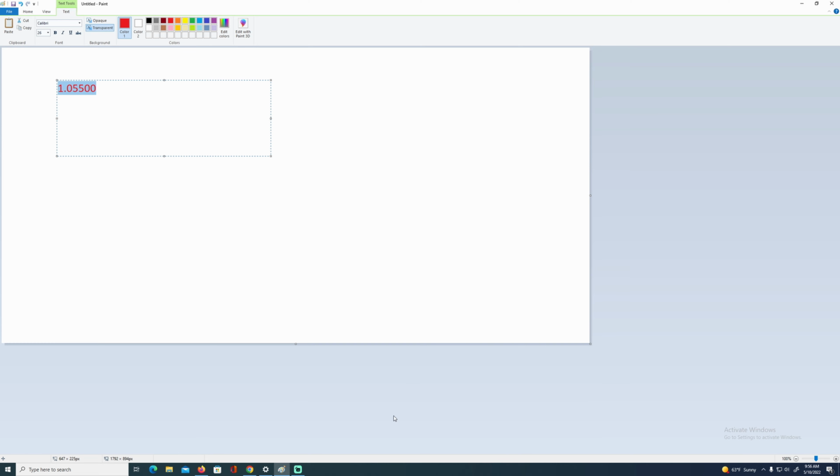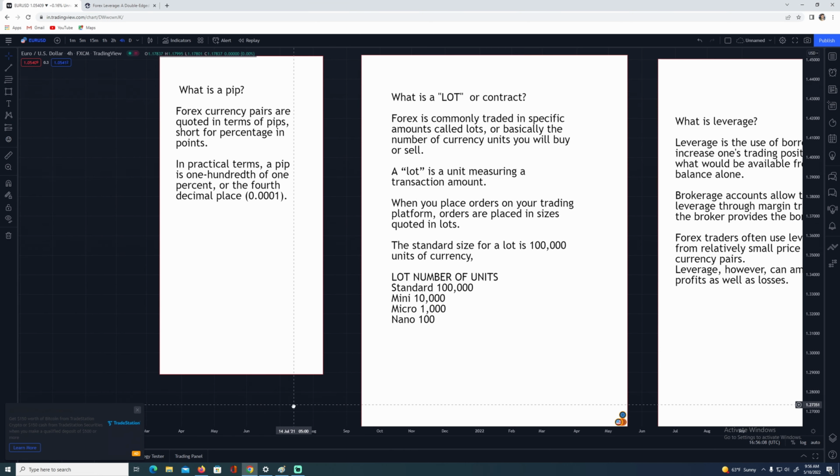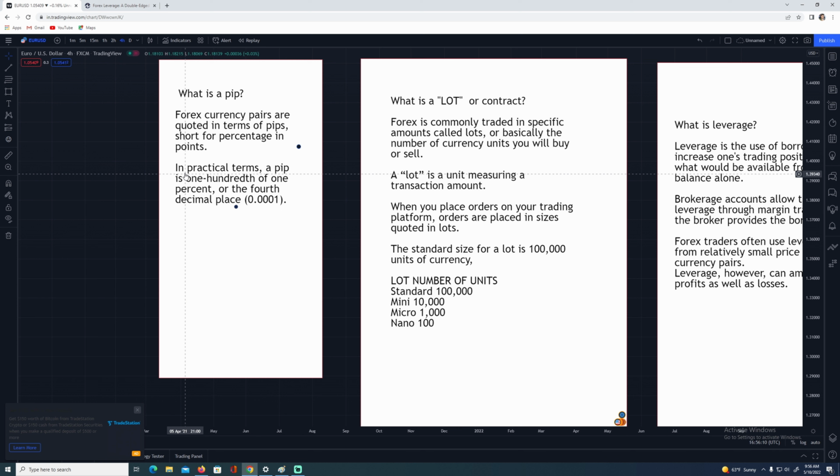What a pip is, if we go back to our notes here, it's saying that in practical terms, a pip is 1/100 of 1%, or the fourth decimal place. So basically from here, this will be the 1, and then the fourth decimal place: 1, 2, 3, 4.